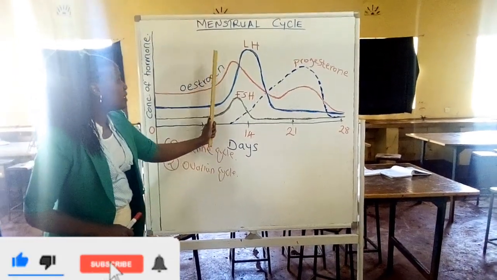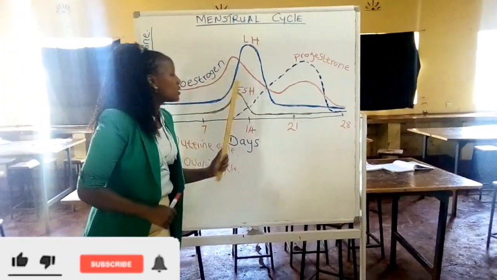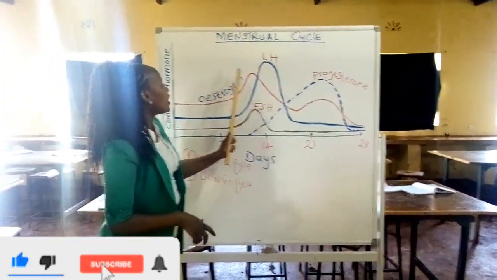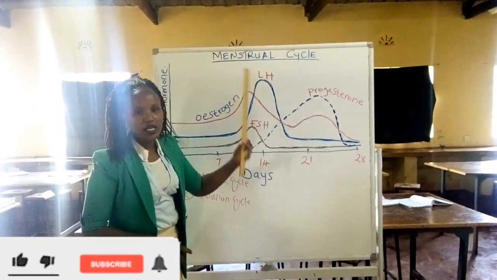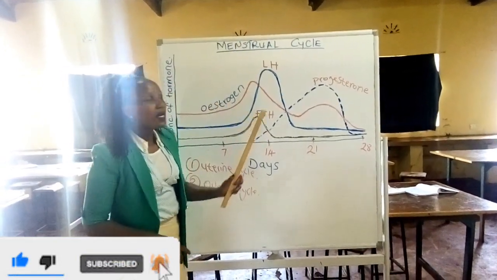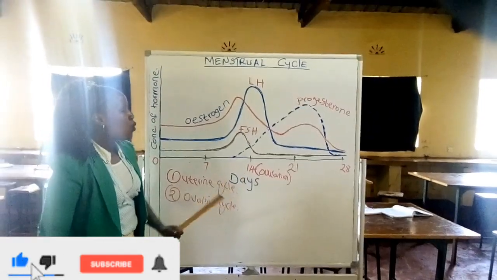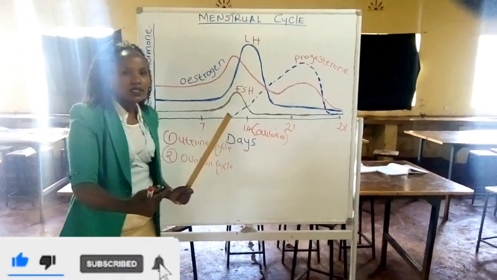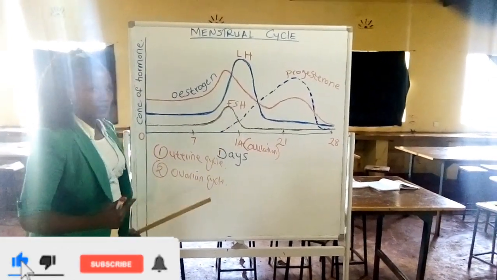And as the estrogen hormone increases, it triggers the increase of luteinizing hormone. Why is the luteinizing hormone increasing? Remember that luteinizing hormone is the hormone that is responsible for ovulation. So, as the egg matures, it clings on the wall of the ovary.